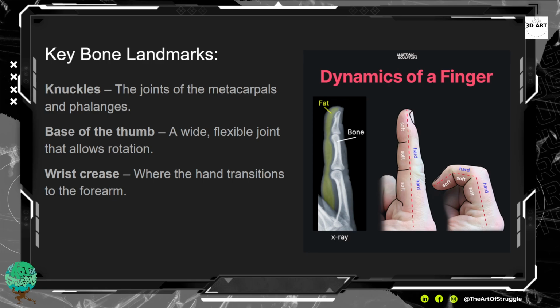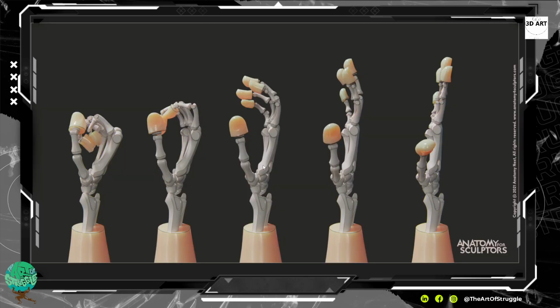All right. Then there is the wrist crease, where the hand transitions into the forearm. All right? So when you're looking at it, you can see that we've got curves in everything.